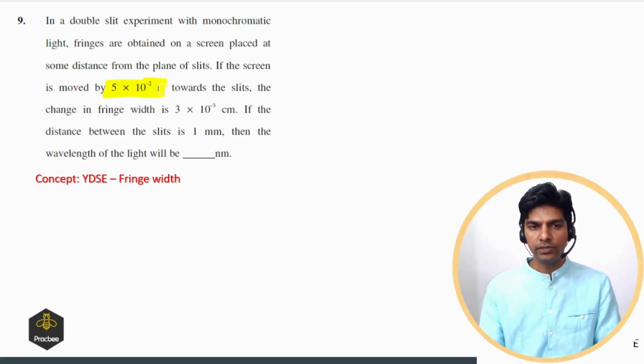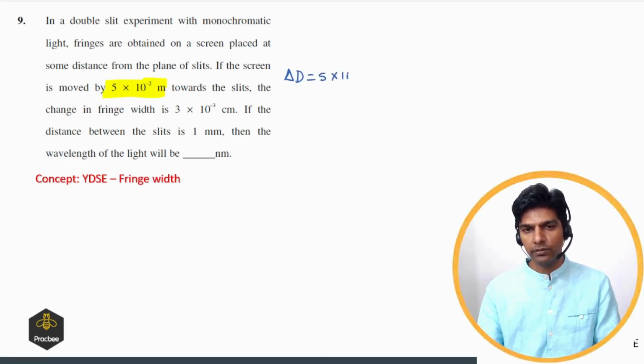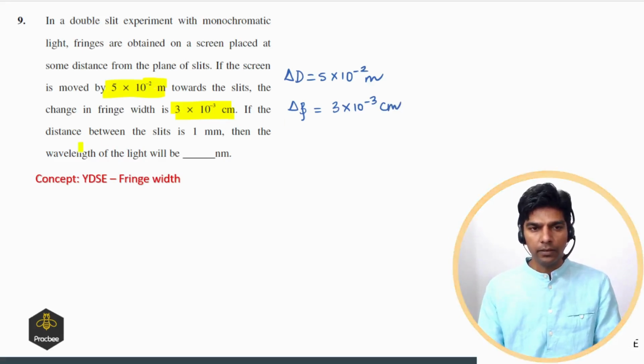So capital D is being changed by 5 into 10 raised to power minus 2, so delta D is 5 into 10 raised to power minus 2 meters. And the change in the fringe width, delta beta, is 3 into 10 raised to power minus 3 centimeters. If the distance between the slits is 1 millimeter, then find the wavelength of the light.